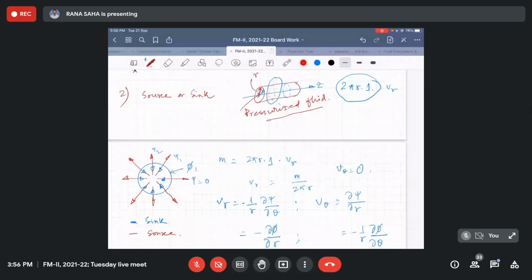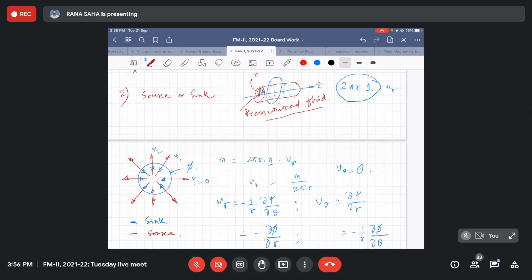The streamlines will be concentric circles, and the equipotential lines will be radial lines, outwards. According to the definition of stream function and velocity potential, it is just the same representation, but basically attributed to different functions.